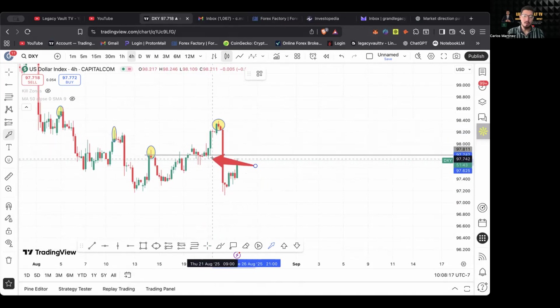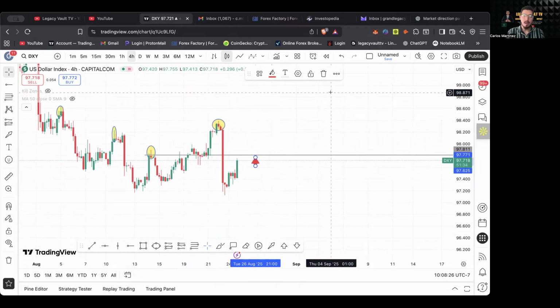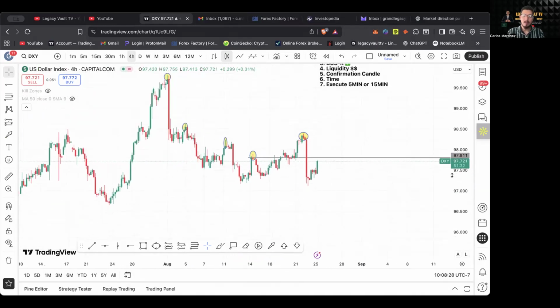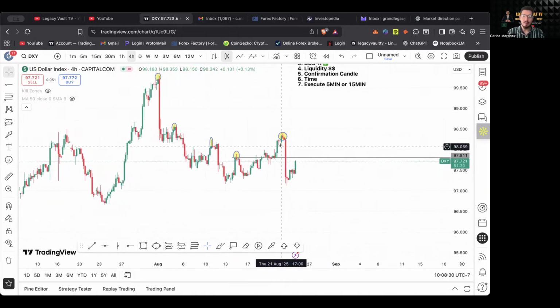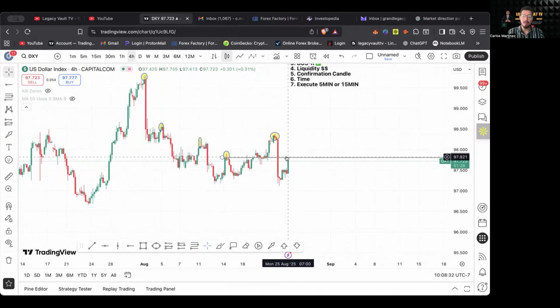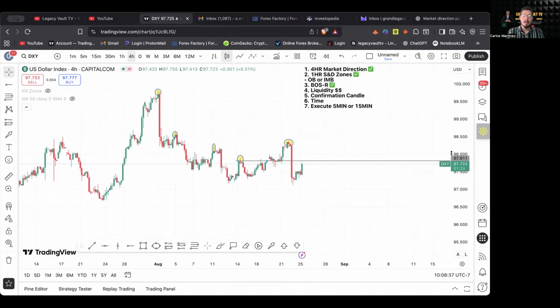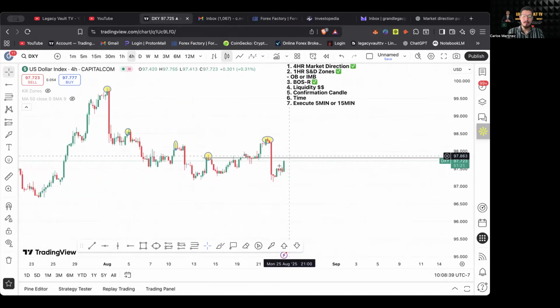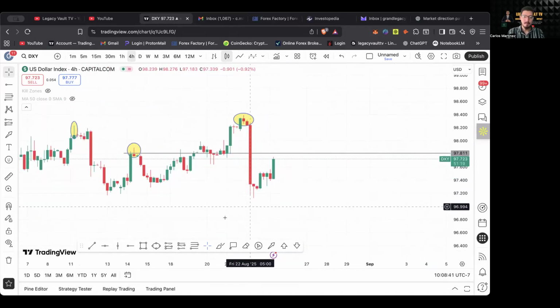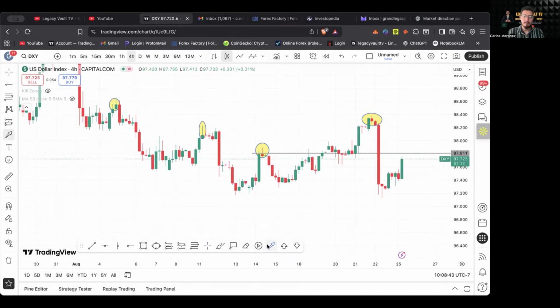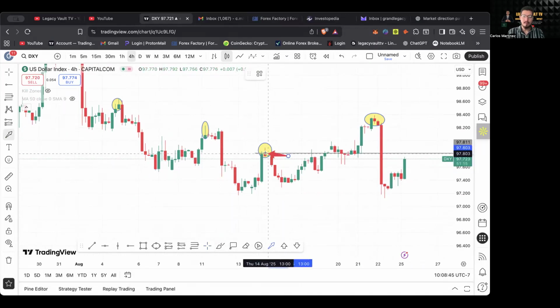It broke below and now it may come back up to retest this price level because we have activity going on here. Now we're waiting to see whether or not that will happen. Will it retest for the continuation down or will it break above? Now, this is considered a breakout structure. Price broke above.